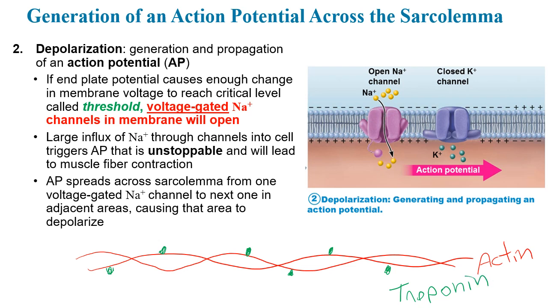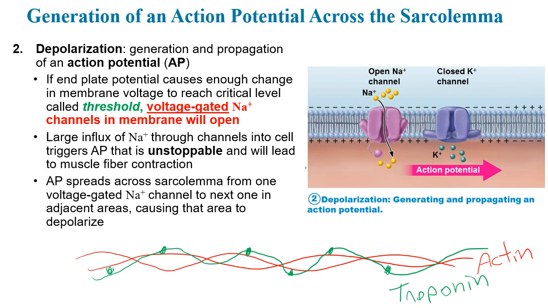And then you have this other protein that is associated, that is also a filamentous protein, also a string, that is blocking the site in which myosin can attach its head.